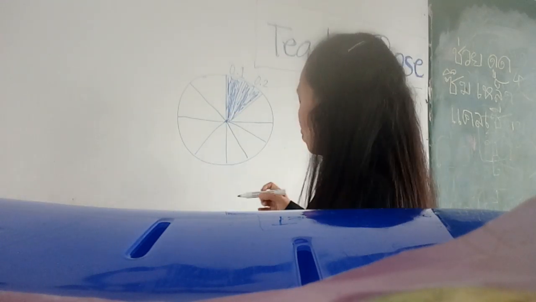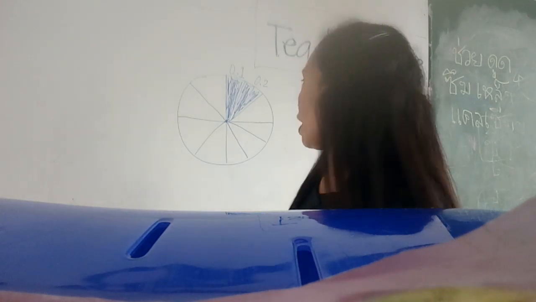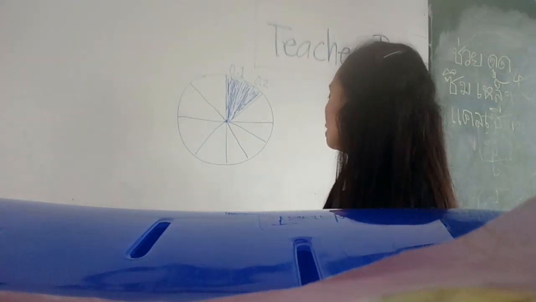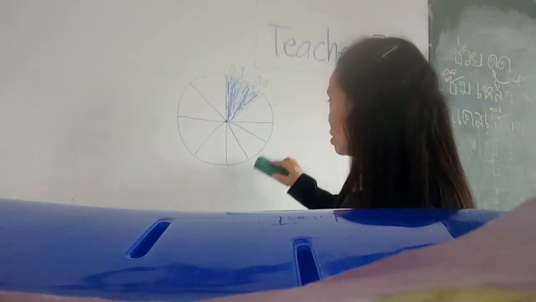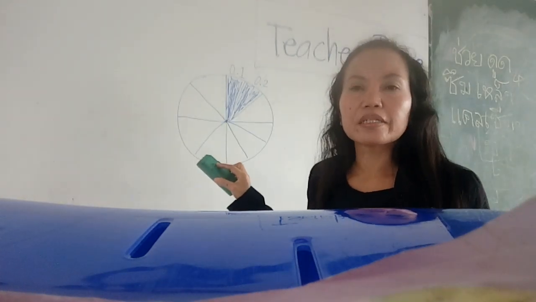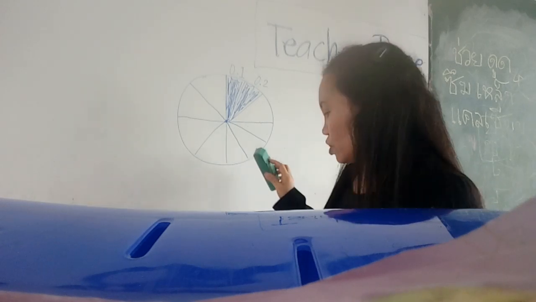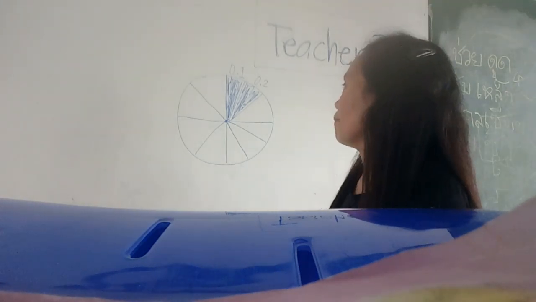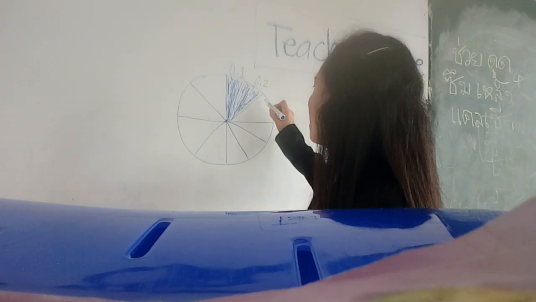Okay? That's how we're going to identify decimal numbers. If 3 are shaded, this one is 0.3, and if all 10 slices are shaded, it will become this one here.